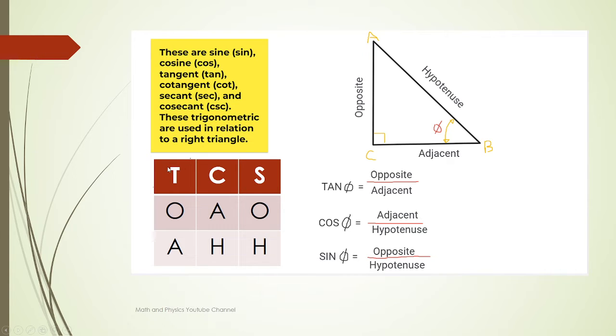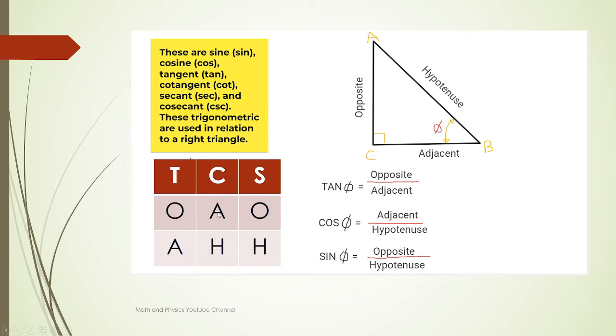Alright, so on the left hand side of this little table, we have the same triangle that I described previously. So tan theta, which is a given angle, is equal to opposite divided by the adjacent. Then in the middle of this table, we have cos theta is equal to adjacent divided by the hypotenuse.